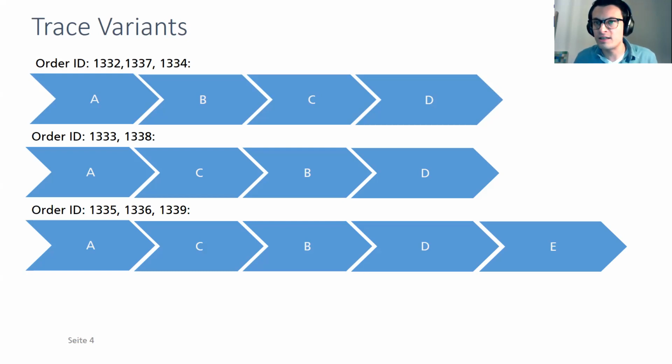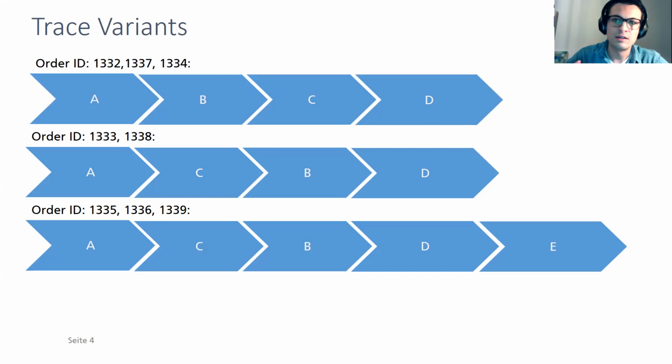So the concept of a trace variant, and I'm explaining this because later I'll be using some filters that allow you to directly filter on variants, describes the same sequential scheduling of the activities, so the same sequential behavior of activities.